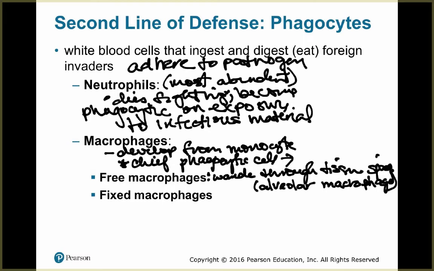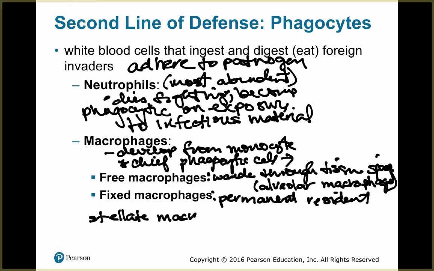Now the fixed macrophages are permanent residents, right? Use the words you already know to understand what they're doing. So they're permanent. So stellate macrophages is an example. These guys are the macrophages that love to hang out in the liver. And then you have microglial cells, which we've already talked about last semester, right?